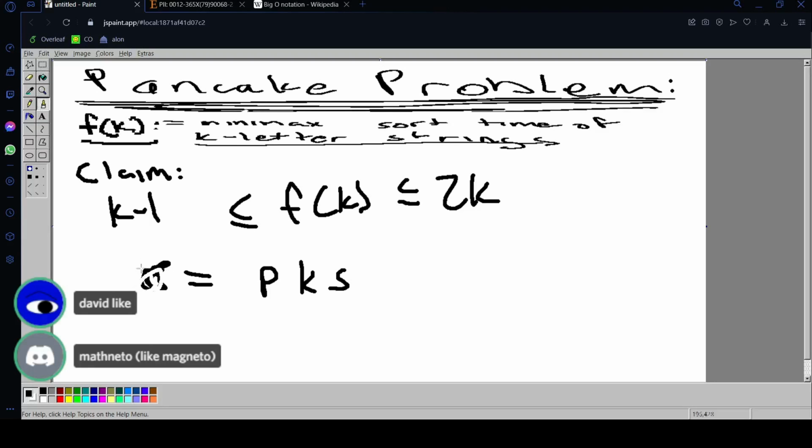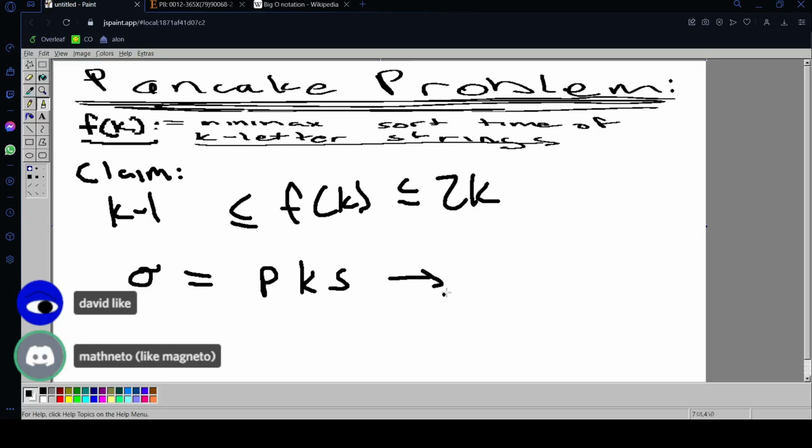Both of these could be empty, so it might end with the letter k or might start with the letter k, but maybe these strings are non-empty.